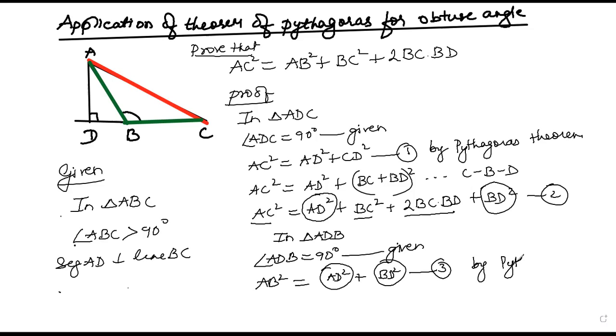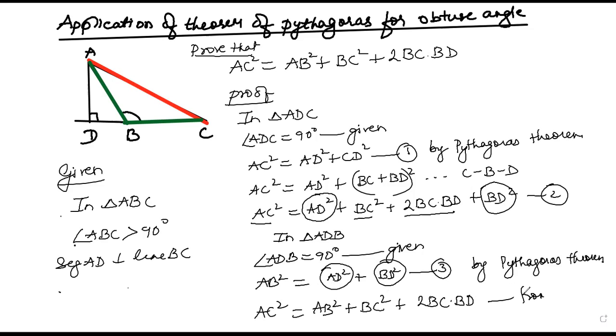Now you can see AC square, as it is, you're rewriting your statement number 2 with the help of 3. AD square plus BD square is AB square. I'll write AB square plus BC square plus 2BCBD. Got it? The reason is from 2 and 3.